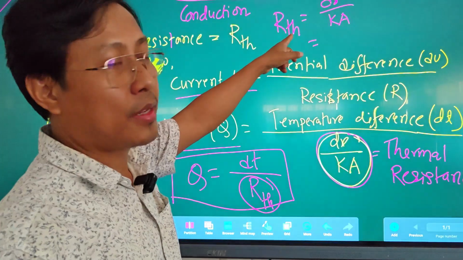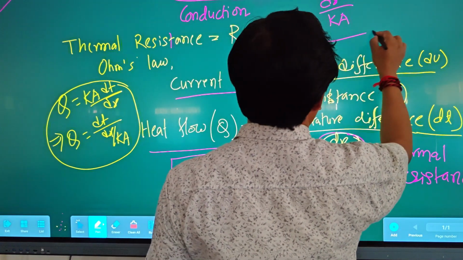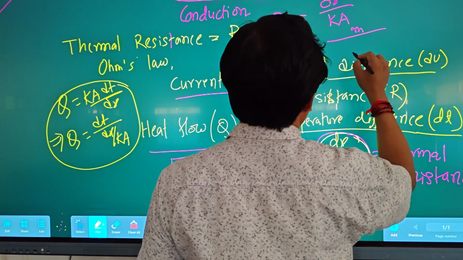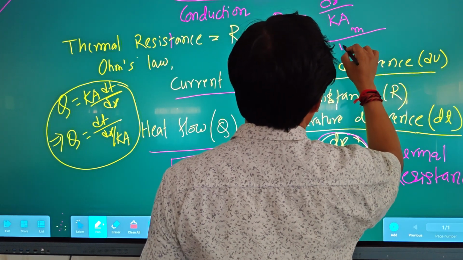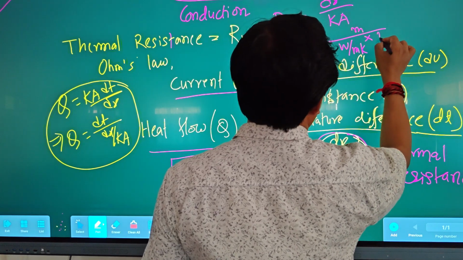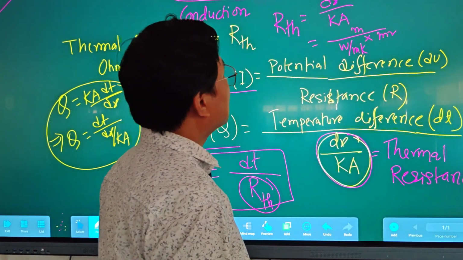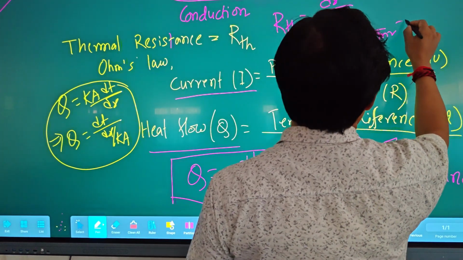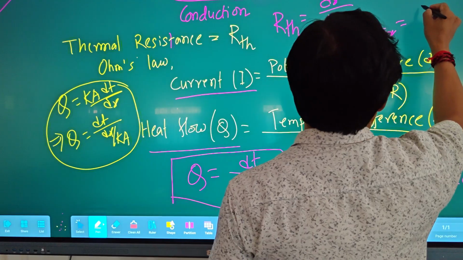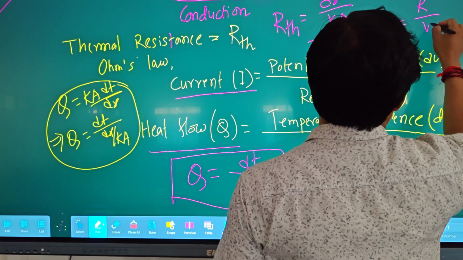So let us put the unit of the parameters. dx is meter, K equals W per meter Kelvin, and A equals meter square. So the unit of thermal resistance will become Kelvin divided by watt.